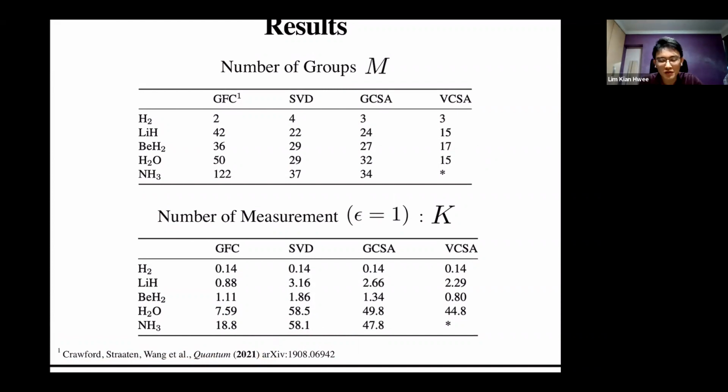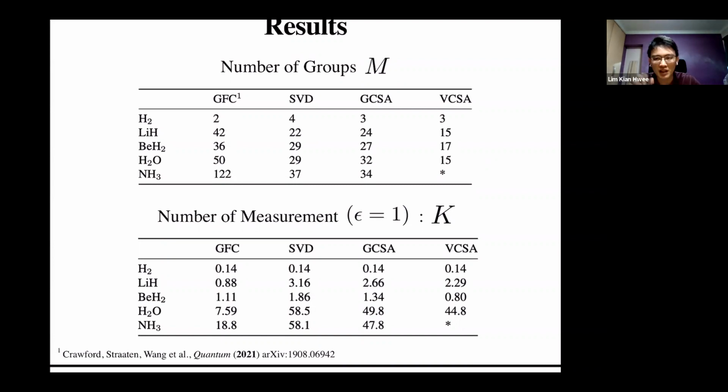One more question from me is, in our current era where, on the cloud, for example IBM, you can only make a maximum of 8192 shots per iteration. Since there's a limitation to the number of shots you can make on the quantum computer for each step of the VQE, will you say that the GFC method is the best?